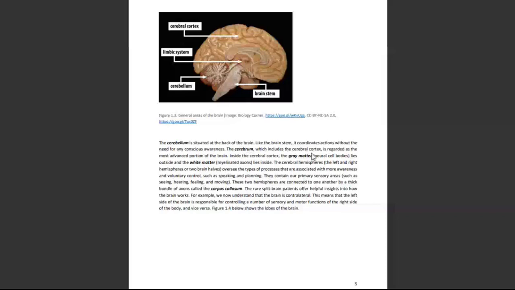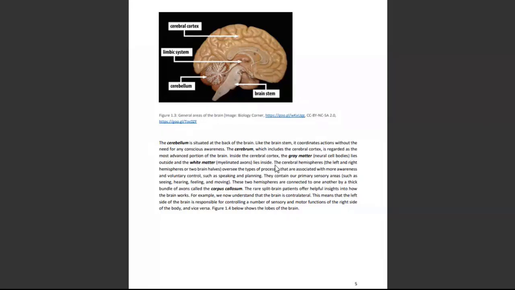We have gray matter as well as white matter. What is white? What is gray? They say the gray matter, the neural cell bodies, lies outside in the cerebral cortex. That's the gray matter. Then inside the brain we have the myelinated axons, which lie inside. And they are white.